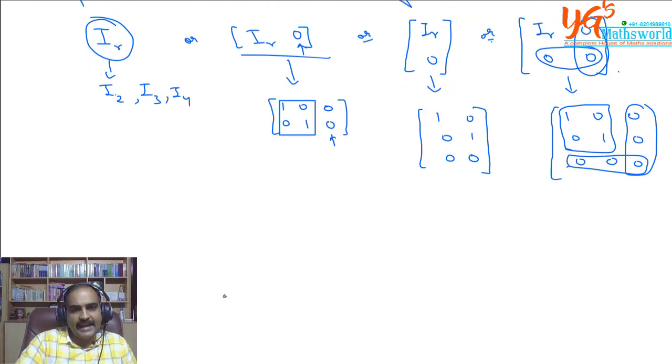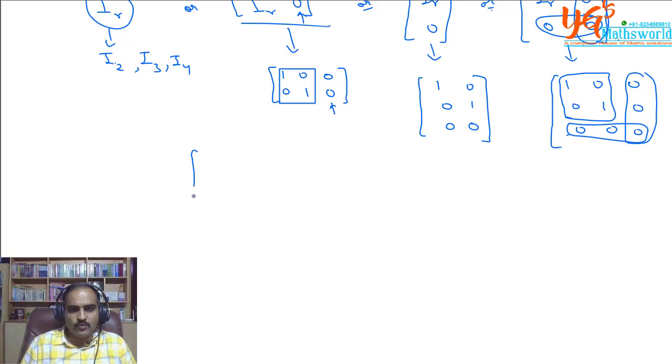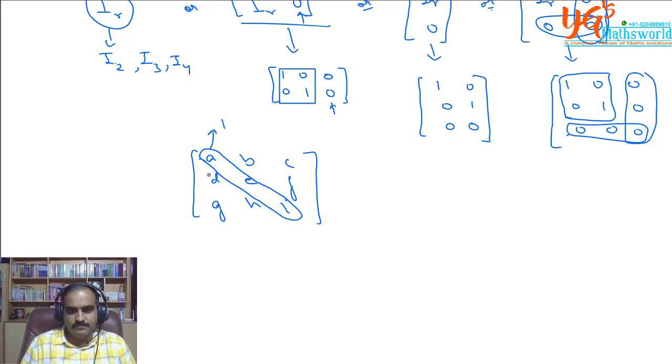Whenever we are given any matrix, let us suppose we have a matrix A, B, C, D, E, F, G, H, I. The basic idea is we have to convert these diagonal elements to 1 and all the rest of the elements to 0. So the first step will be to reduce the elements below this A to 0. The second step will be to reduce these elements to 0.